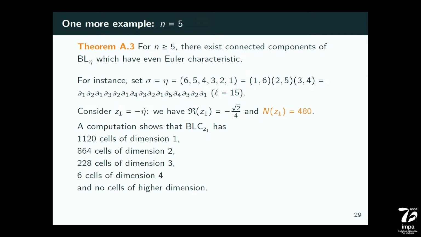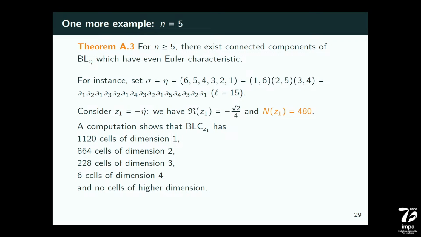So for example, for n equals 5, and for the permutation, we know that there always exists a connected component here with Euler characteristic. So I'm doing one example here. We see that things already become complicated.